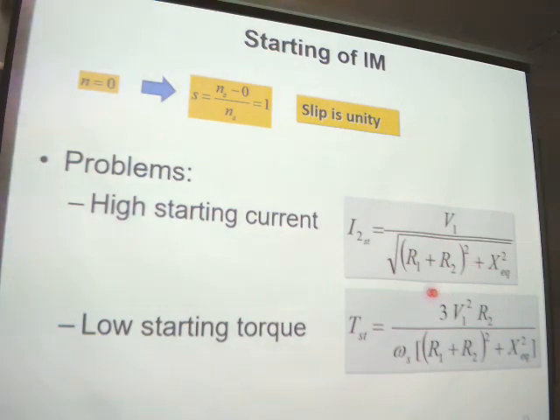It's small too. So both resistances are small, and we'll get a larger current.